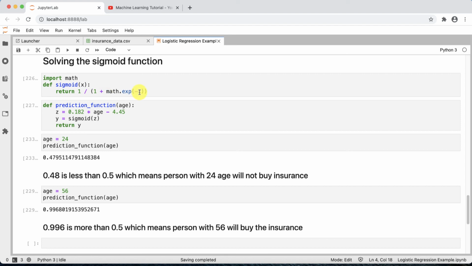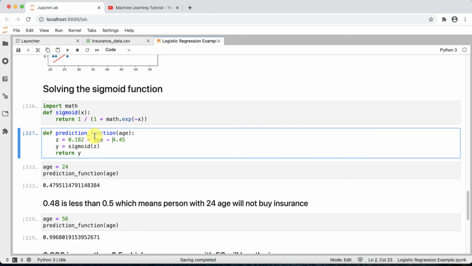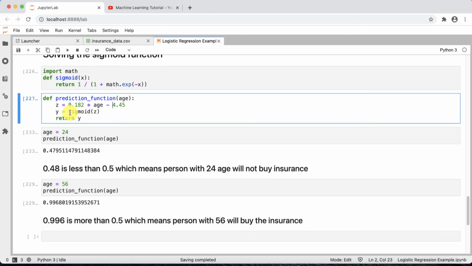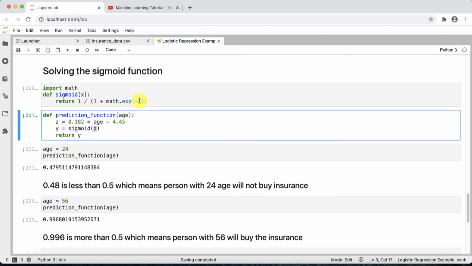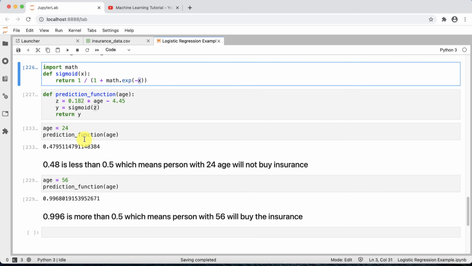That minus x is our predicted value. So here you can see we can put the equation with b0 and b1 coefficients, right? And here we are calculating the value using the sigmoid function, right? Whatever value we have predicted, we put in the sigmoid function, so e raised to minus z, and we return the y.